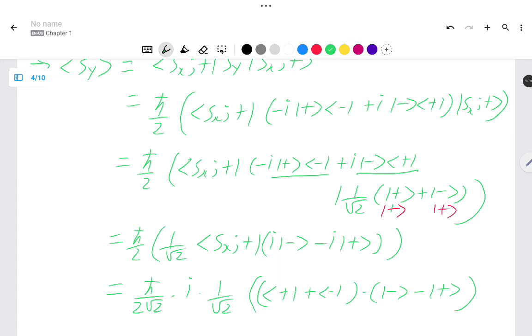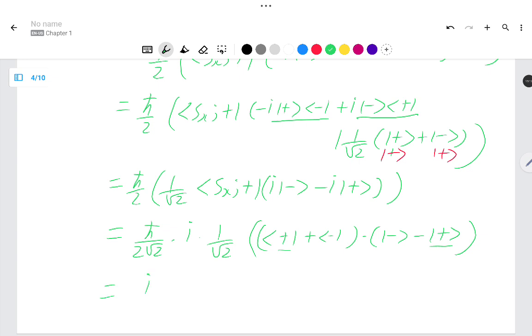So this will give us plus plus, which should account to 1, and negative 1 plus minus, this is 0.